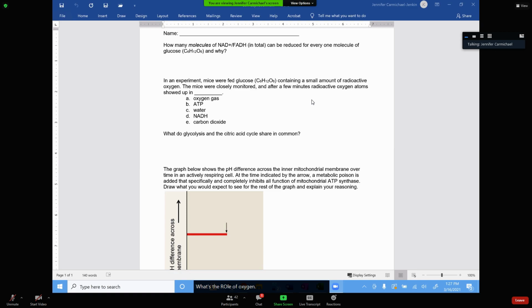What's the role of oxygen? I told you that on Thursday, right? This is our top thing, to know what the role of oxygen is by the end of this chapter. So what's the role of oxygen? Okay, oxygen is the final electron acceptor.